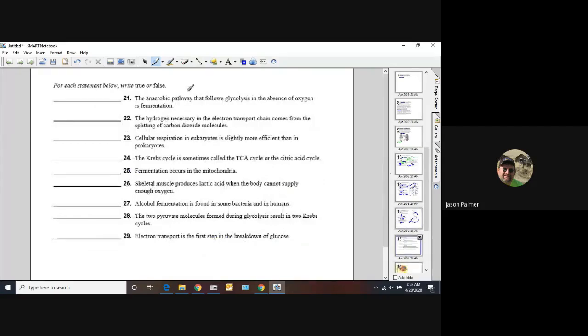All right, the anaerobic pathway that follows glycolysis in the absence of oxygen is fermentation. Sounds like true. The hydrogen necessary in the electron transport chain comes from the splitting of carbon dioxide molecules. Sounds like false, because carbon dioxide is your result.